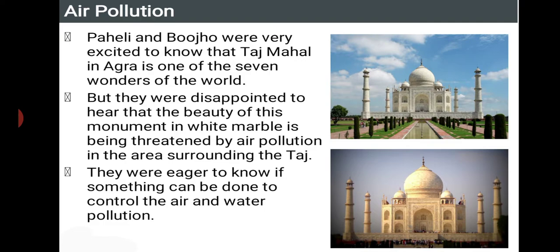But you will all be disappointed to hear that the beauty of this white marble monument is being threatened by air pollution in the area surrounding the Taj, because the factories and industries nearby the Taj Mahal release a number of poisonous substances into the gases.